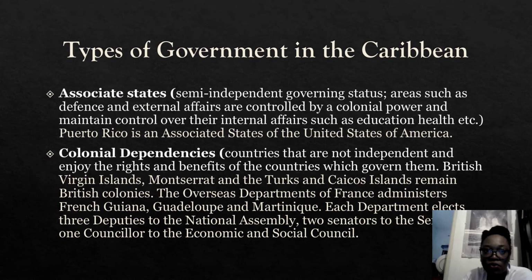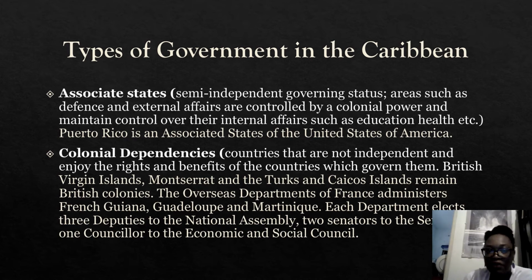All right, so these two political systems are associate states and colonial dependency. Now, the associate states are those states that are considered semi-independent. So they are partially governed by an external body, and they partially govern themselves.